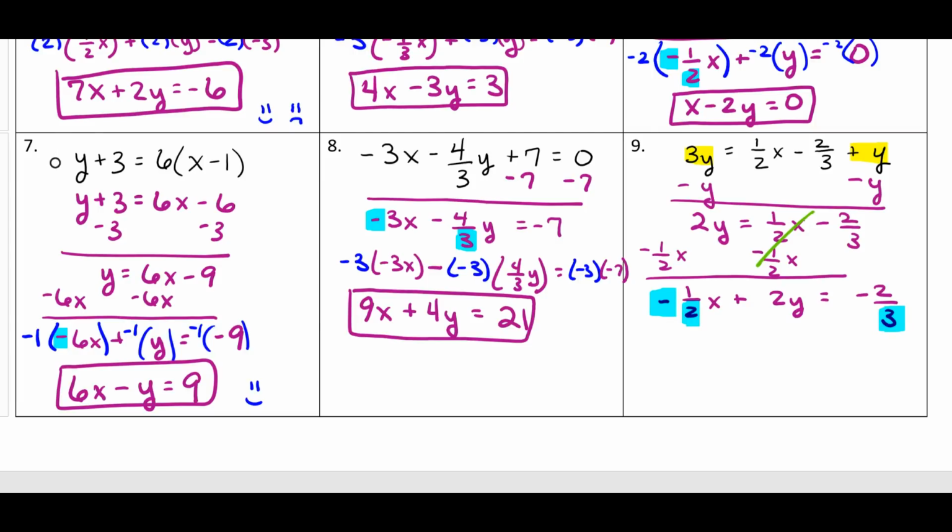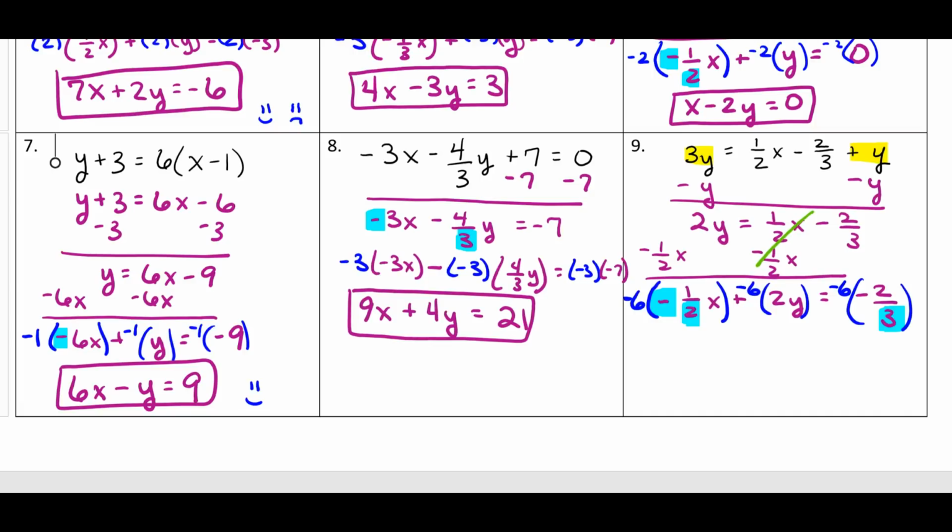So when we multiply everything in this problem, we're going to multiply by the least common denominator, which in this case is going to be 6. So 2 and 3 give us the LCD of 6. We're going to multiply every single term by a negative 6. We have to be careful while we're doing this, but it will clear up all the fractions and the negatives.